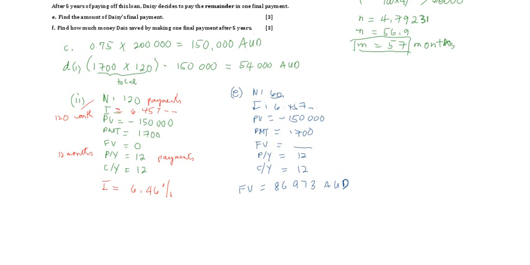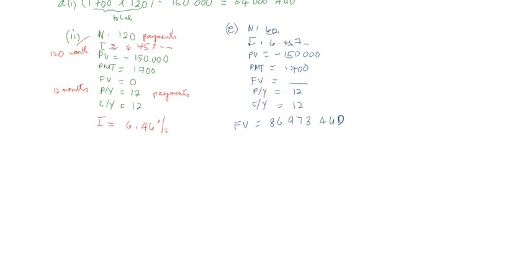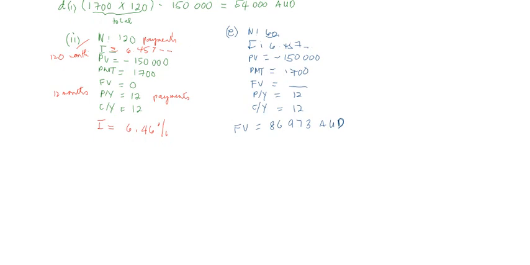Now we ask how much money was saved by making one final payment after 5 years. Okay, so how do we do that? For 10 years, Daisy could have paid 1,700, which is the monthly payment, for 120 months.